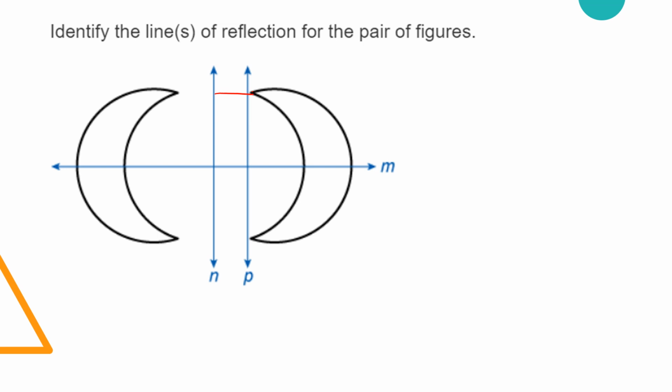Because if I draw in some lines here from the points, it is perpendicular to line N, and they are the same distance away from line N. So line N and line M would work. So sometimes you will have multiple lines of reflection depending on the shape.